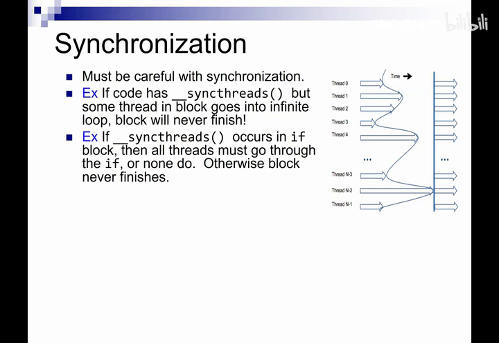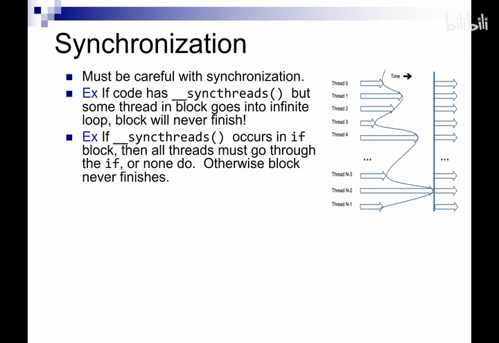The other thing is that suppose you have a branching statement in your code. If you have a barrier in one branch, but some threads go through the other branch without the barrier, then again the threads are going to block forever, because part of the threads are blocking at the barrier in one branch, and the other threads have gone into the other branch without the barrier.